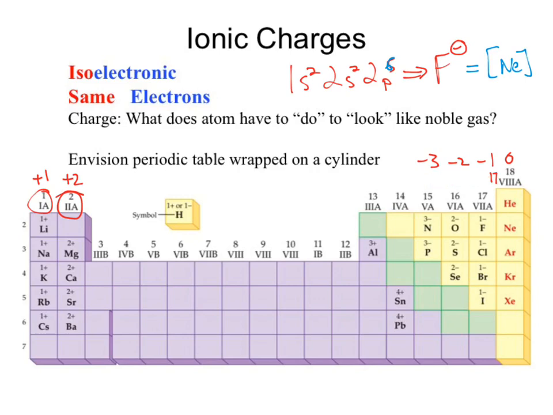Take your column that you're in. For nitrogen, you're in column what? 15. Minus? Gets you -3. Oxygen, you're in column 16. Minus? -2. 17 minus 18? -1. 18 minus 18? 0. What else can you do?